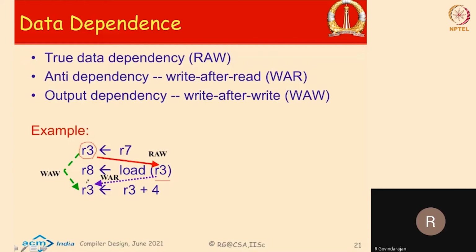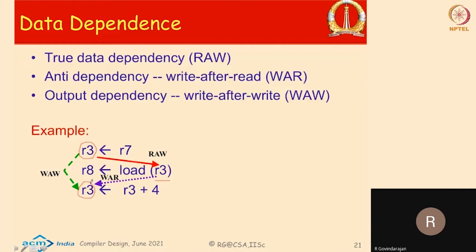Okay, the third type of dependency is output dependency, which happens because both the first instruction and the last instruction are using the same register R3, and the order in which they write has to be observed.